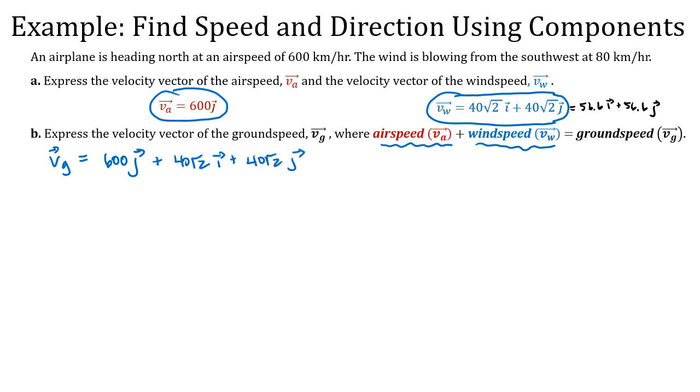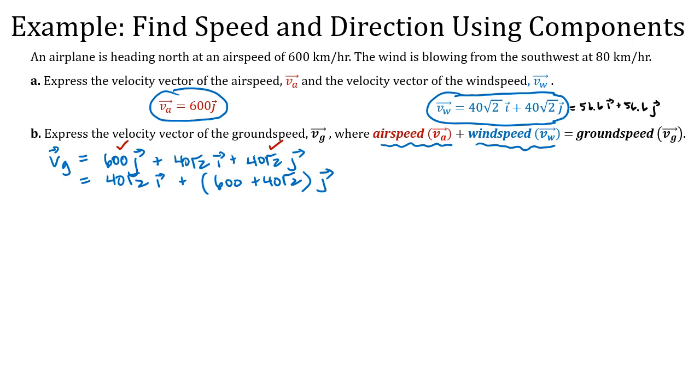And I'm going to simplify that one more time, and I'm going to combine like unit vectors. So I get 40 root 2 i plus the quantity 600 plus 40 root 2 j. Okay, so I took the two j terms and I combined them into one. All right, so there's where I'm at.